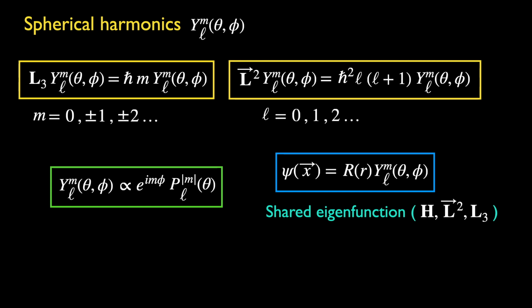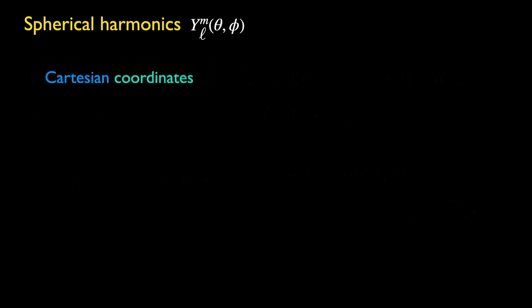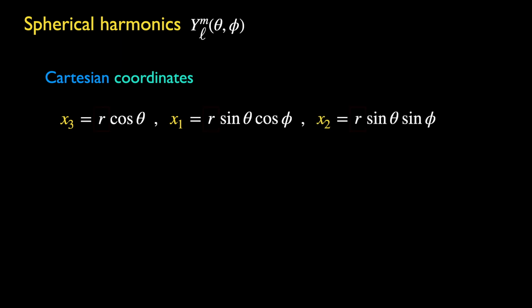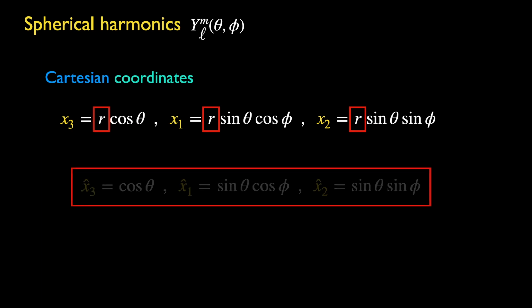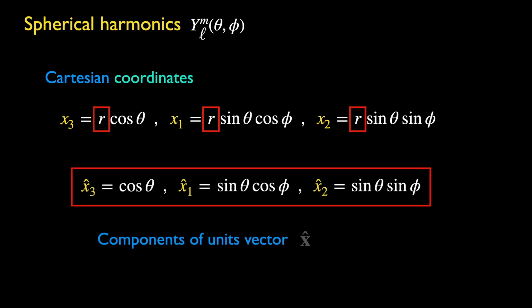Even now, without actually solving the differential equation of L², we can still figure out more properties of the spherical harmonics Y. We do so with the help of more clever arguments. Recall the Cartesian coordinates that describe the position vector. Each coordinate is linear in r, and if r is factored out, we have the components of the unit vector x hat.